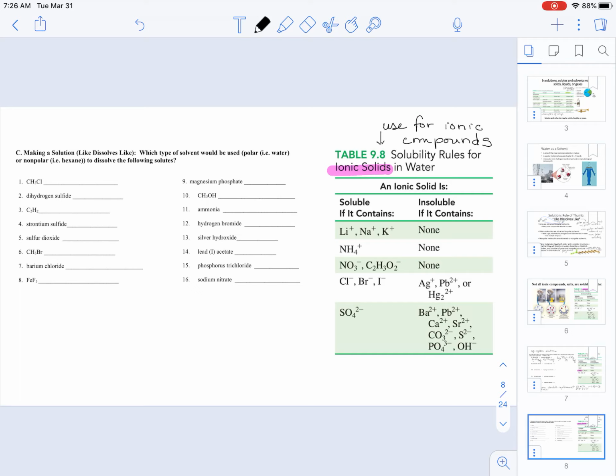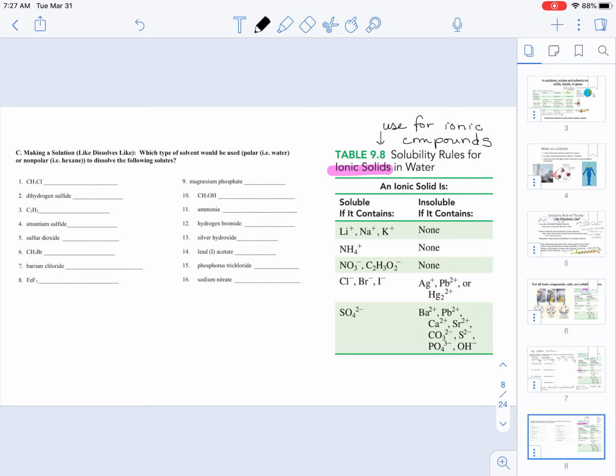Okay. Now, as you can see in part C of the worksheet, we have a list of compounds. Some are ionic, but other ones are covalent. So I'm just going to illustrate what will be the difference when we are given a combination of ionic compounds and covalent compounds. How do I determine what type of solvent they are able to combine with to make a homogeneous mixture?